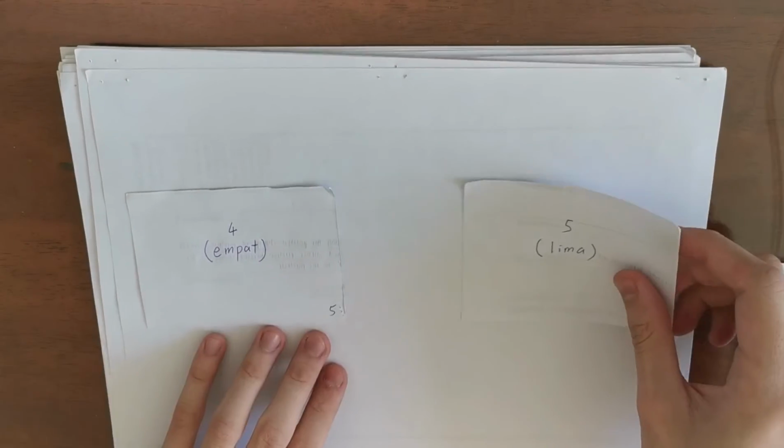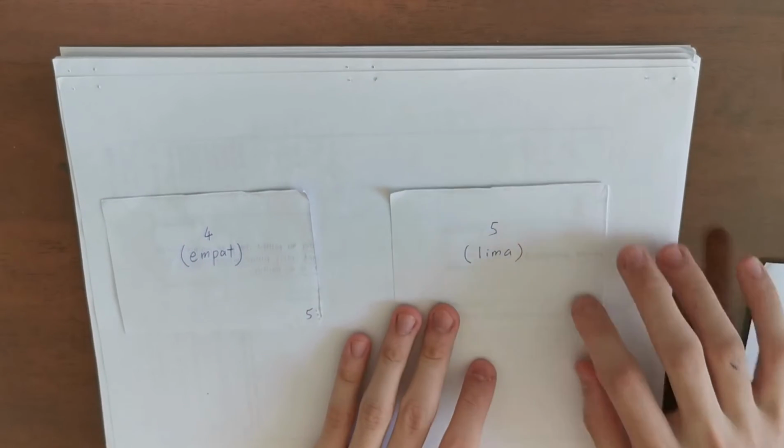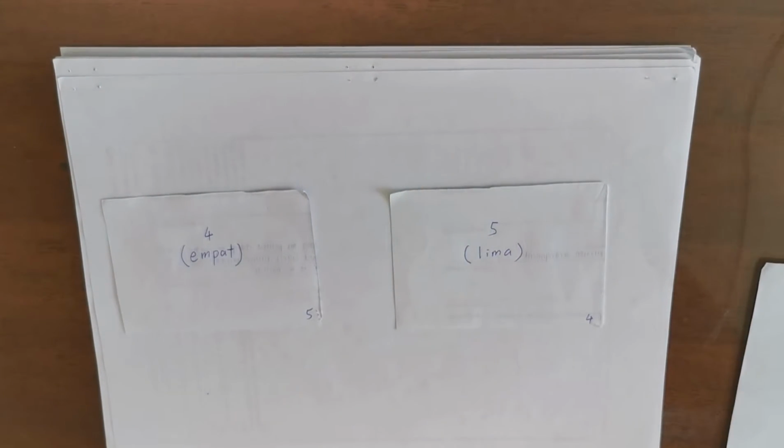Now, I'm Malaysian, so I can speak three languages mainly, which are English, Malay, and Mandarin. English has been covered, so I'll cover Malay and Mandarin. In Malay, empat, 4, has 5 letters, and 5, lima, has 4 letters.